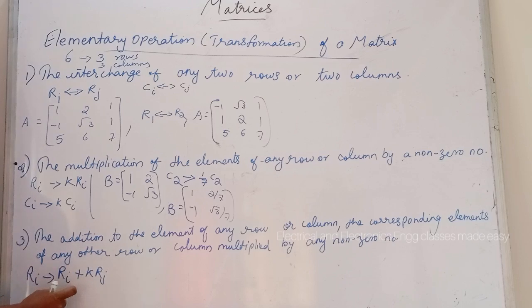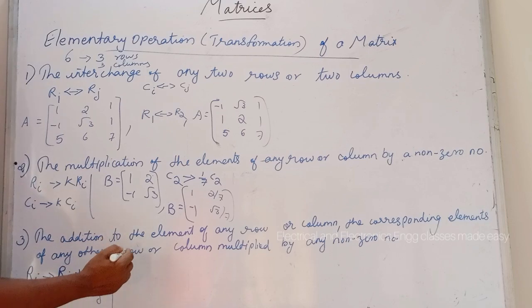That is, addition to the element of any row with the corresponding element of any other row which is multiplied by any non-zero number. So here one row is added with another row which is multiplied by any non-zero number. Similarly, for the column, Ci implies Ci plus k into Cj.